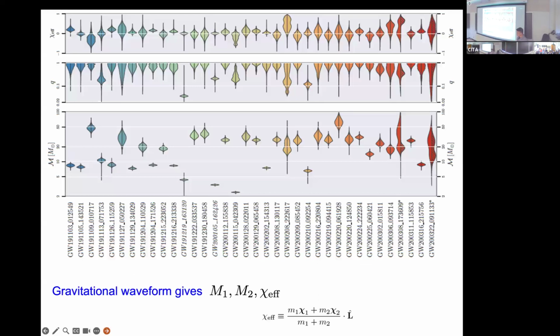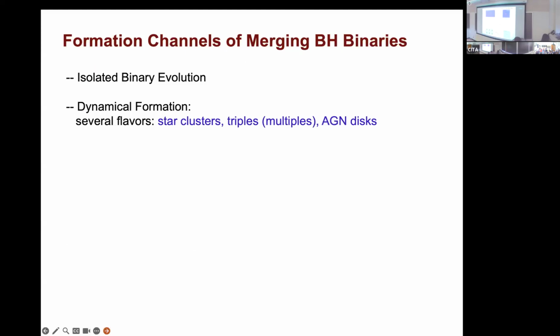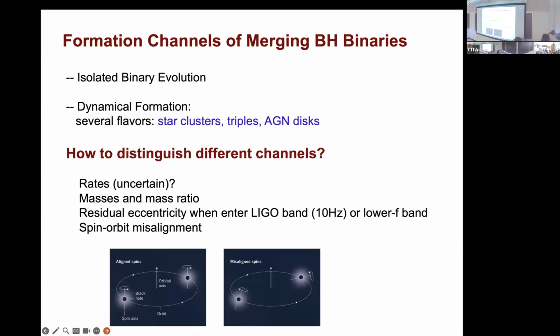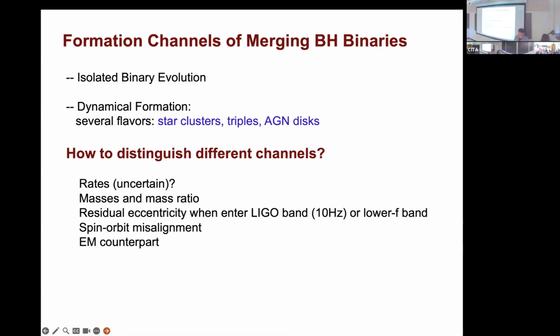So that angle is important, right? Right. So spin orbit angle is important. And finally, of course, in some scenario, you may have electromagnetic radiation, an electromagnetic counterpart. That's also potentially important. Okay. So these are the potential ways that you can distinguish different channels.